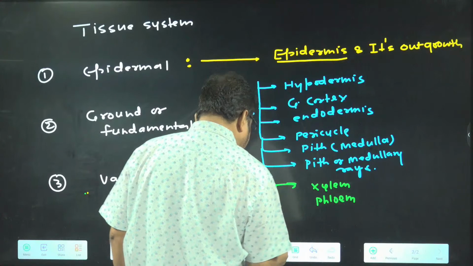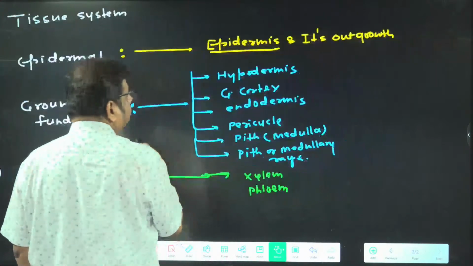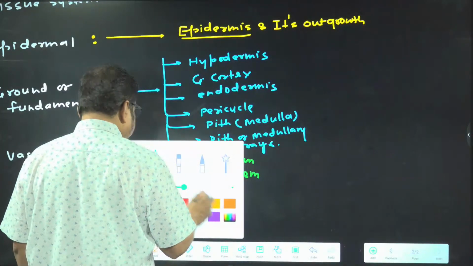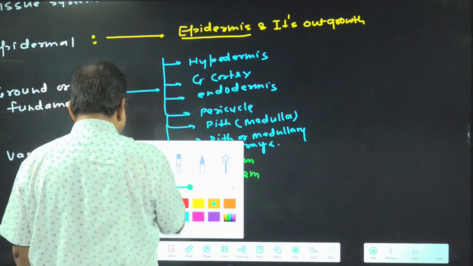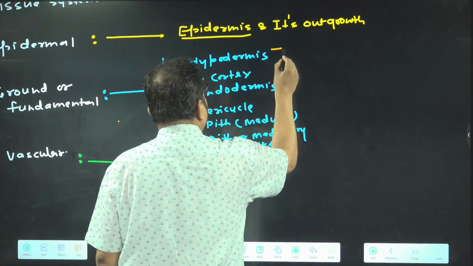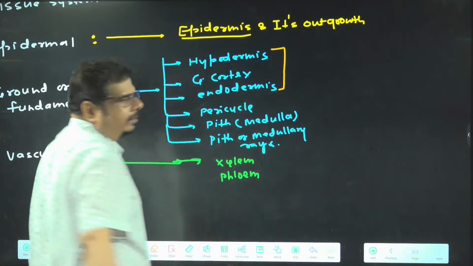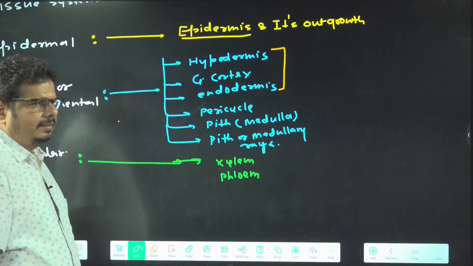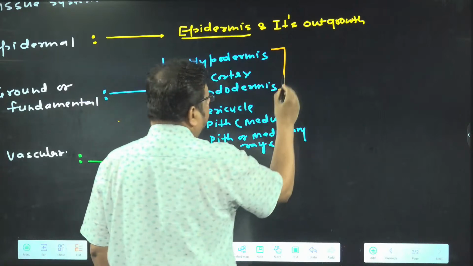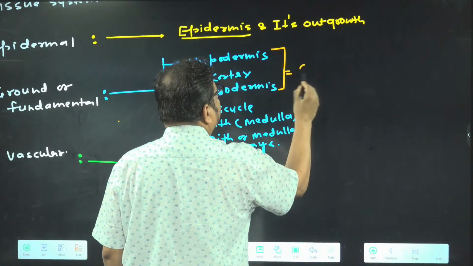Now you keep one thing in your mind. Hypodermis, general cortex and endodermis, these all together are called cortex.